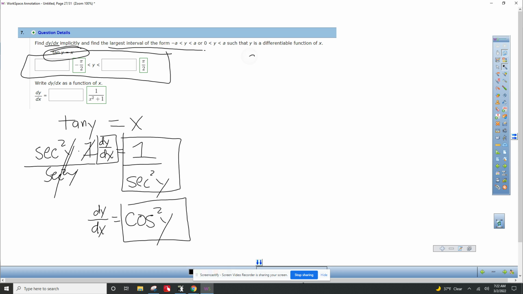So we have dy/dx is cosine squared of y. Well, they want it as a function of x. So notice that we know that y is the tangent inverse of x. Okay, so what does that mean?